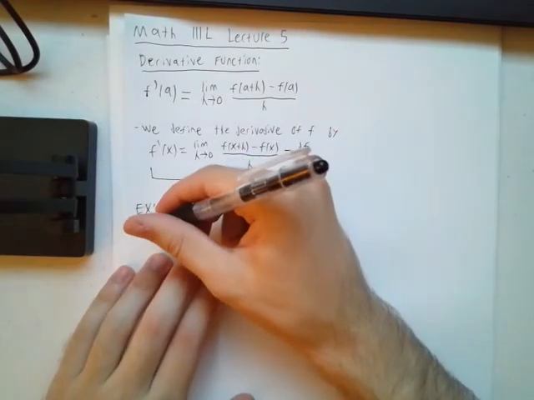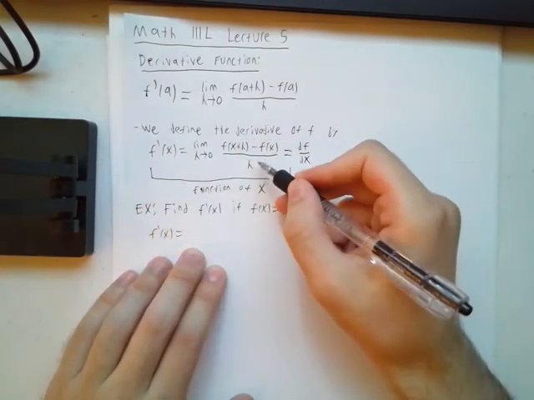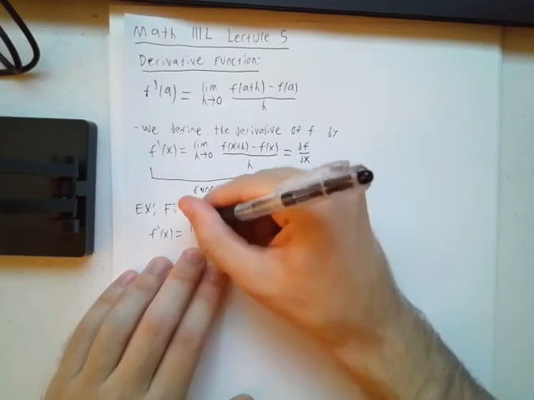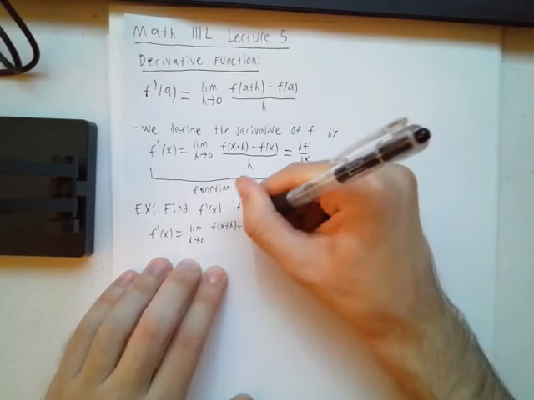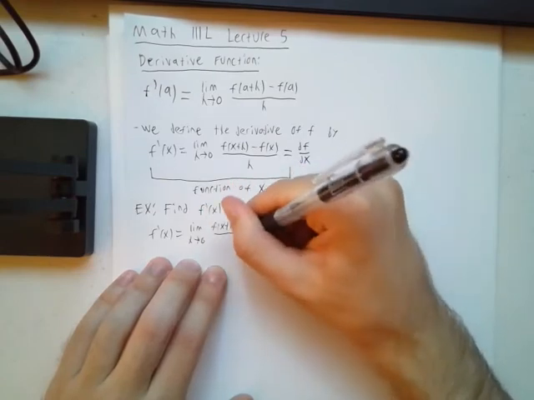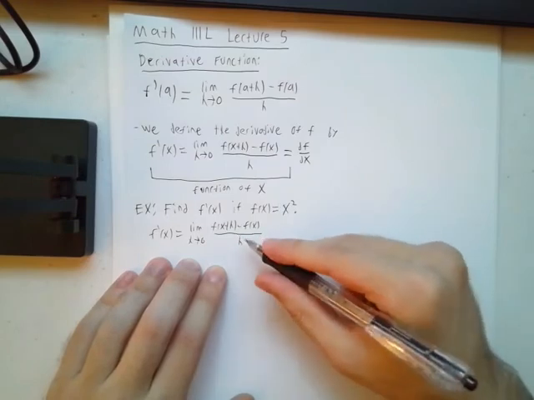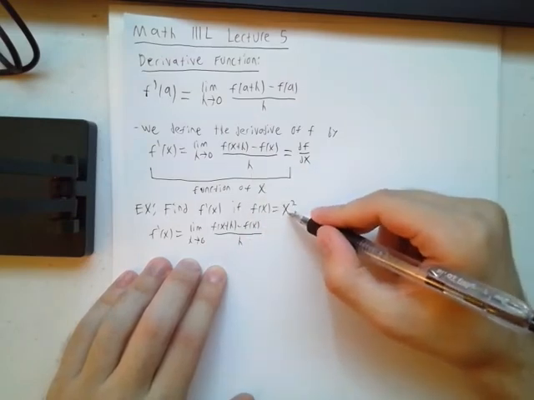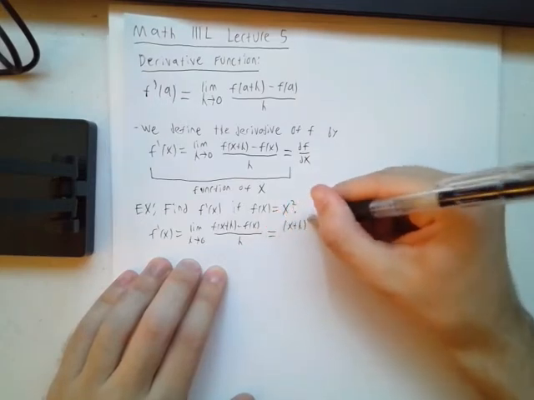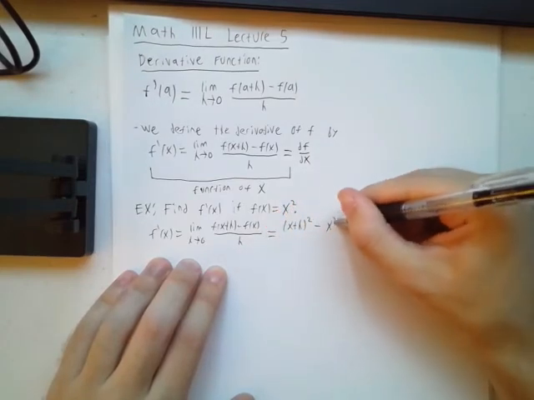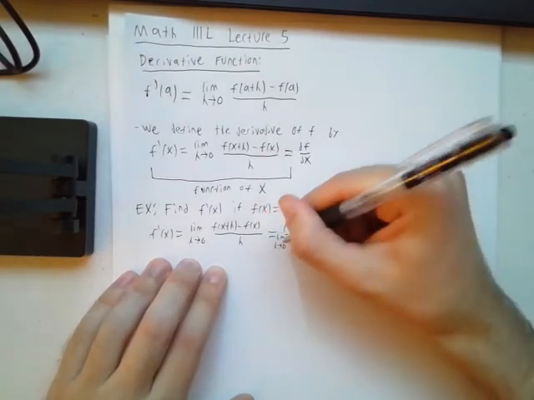So f prime of x is equal to, by the definition, this limit as h goes to 0 of f of x plus h minus f of x divided by h. Now we plug in what our function f is, x squared. So this is equal to the limit as h approaches 0 of x plus h squared minus x squared, all divided by h.